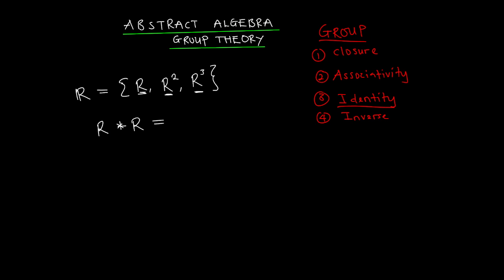Right? So let's do R composed with R. What does that mean? Well, to do R composed with R, I'll first do this one here. Let's do that R, acting on the triangle 1, 2, 3.